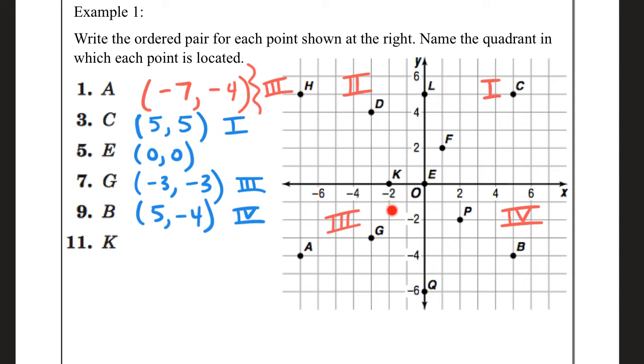So its x value is going to be pretty clear. That's -2. We already know this doesn't belong to a quadrant because it's kind of on the fence between two of them. What is its y value? If it's right on the axis, its y value is actually going to be 0. So the point K is going to be at (-2, 0).